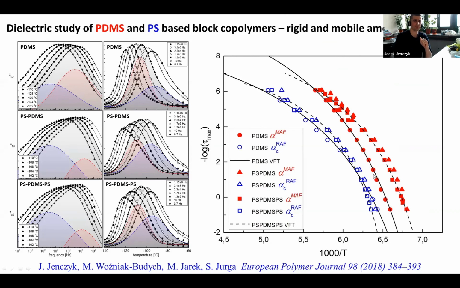And what was very important and quite surprising for us was that when we studied bulk polydimethylsiloxane, it appeared that its dynamics is faster within the diblock copolymer system, which was quite surprising for us initially, because in general the trend is that whenever you combine the soft component with a hard polystyrene component, this stiff domain hinders in general the dynamics of the soft neighbor, while here we observed something opposite.